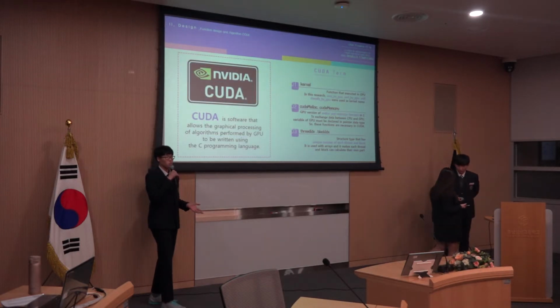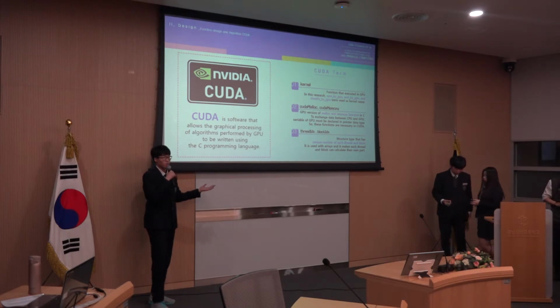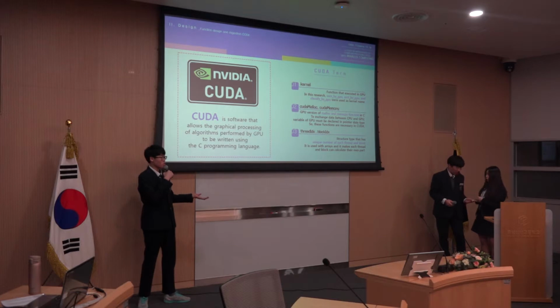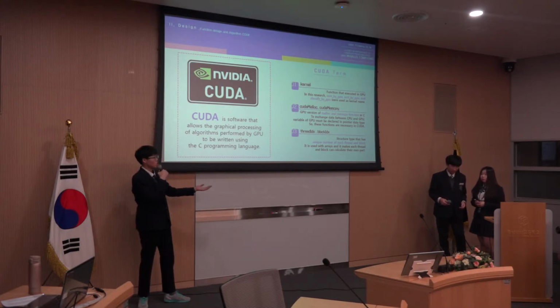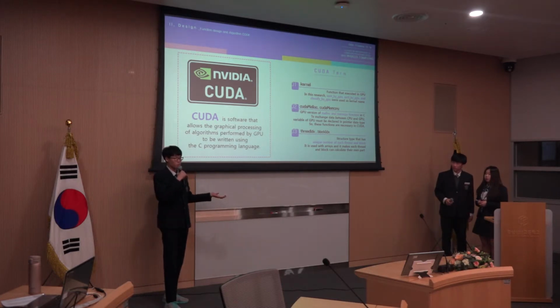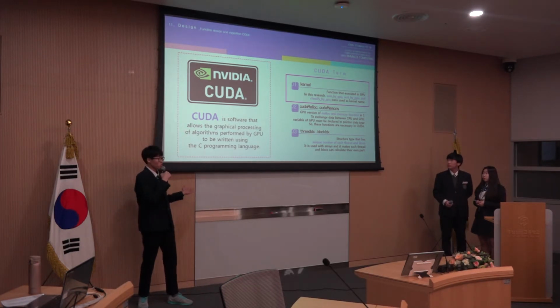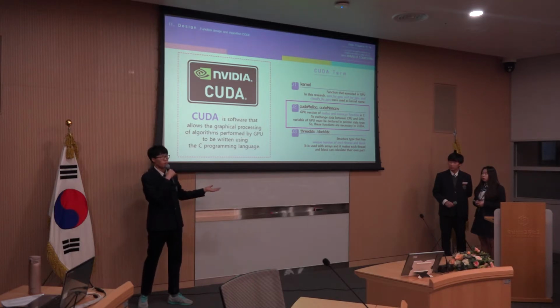Then, I will tell you about the architecture CUDA and its terms. CUDA is an expanded edition of the C language to use GPU processing. The first term is kernel. The kernel is a function that is executed in GPU. The second term is CUDA memory allocation and CUDA memory copy.